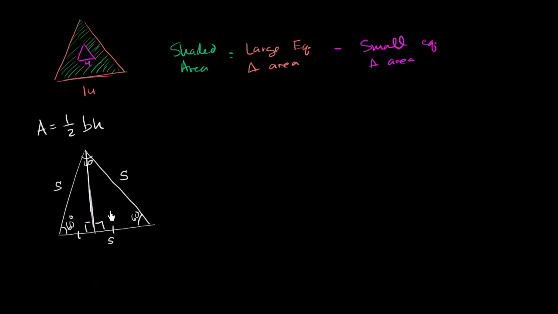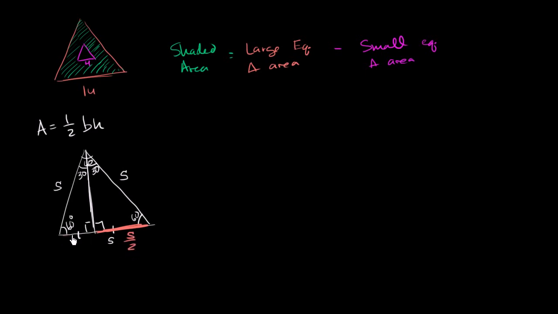It would form these right angles. And what's neat about this is I've now split my equilateral triangle into two 30, 60, 90 triangles. And that's useful because I know the ratio of the sides of a 30, 60, 90 triangle. If this is S, and I've just split this in two, this section right over here is going to be S over 2.